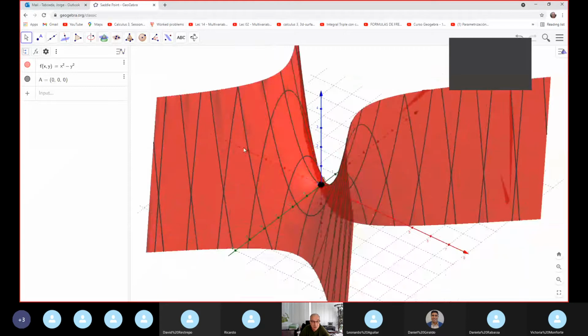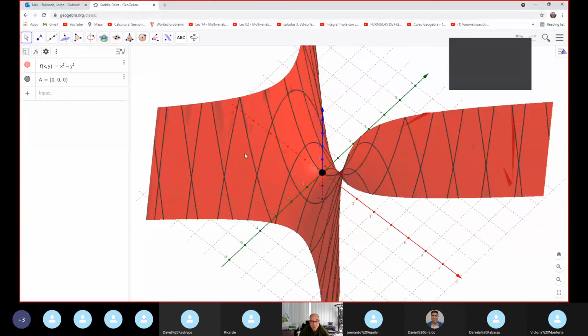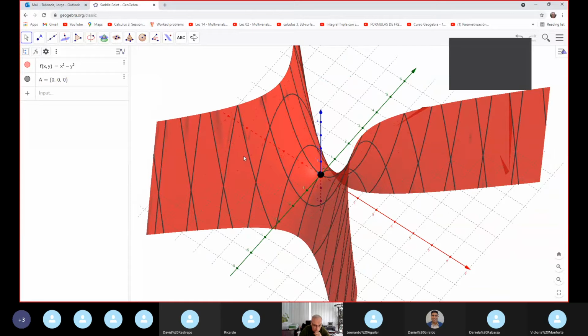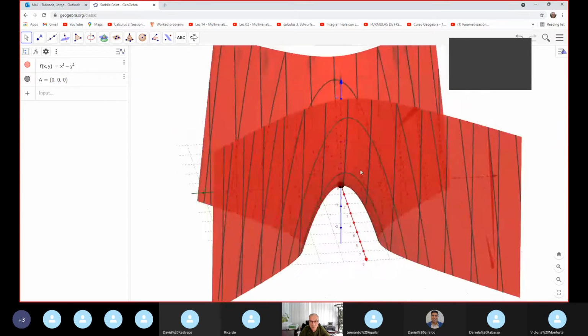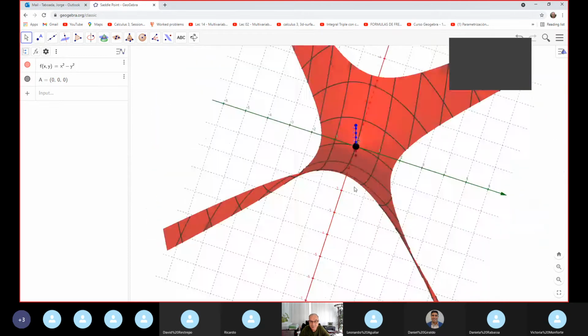At 0,0,0 we have a saddle point. You see, for example, in that direction the parabola opens down, and in that direction the parabola opens up. So this is not a maximum, this is not a minimum. It's just a saddle point.